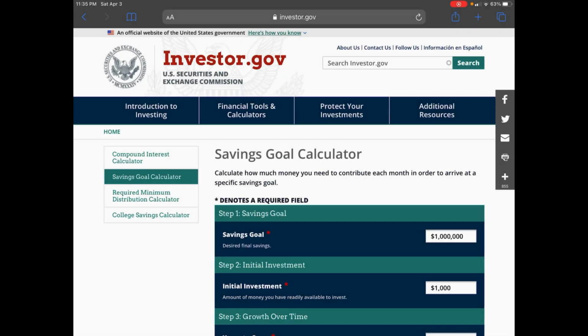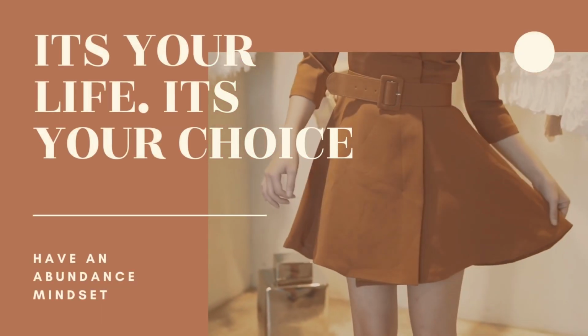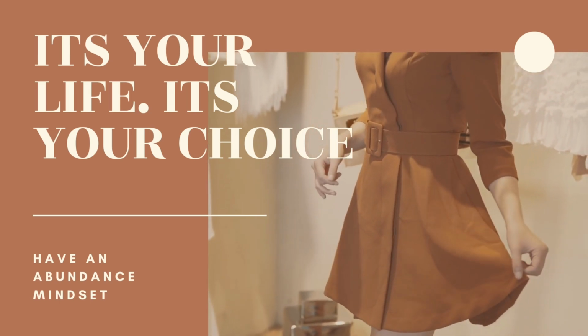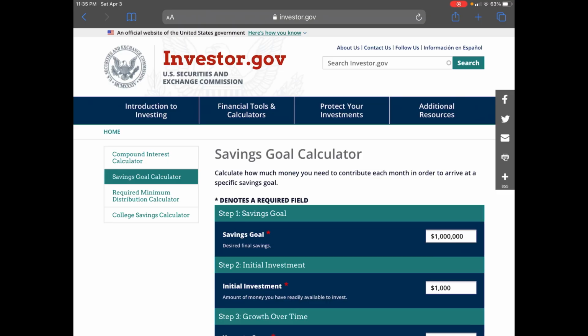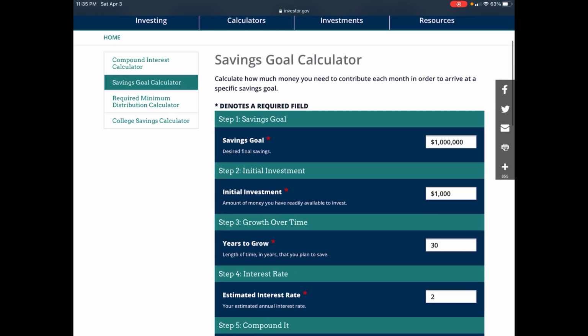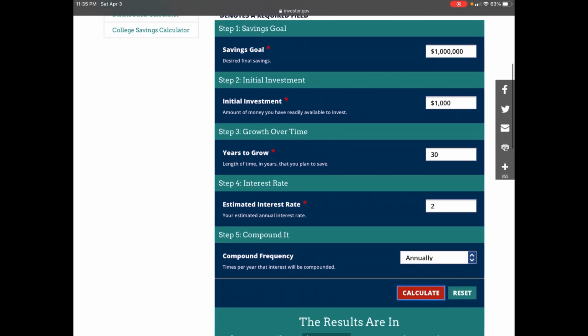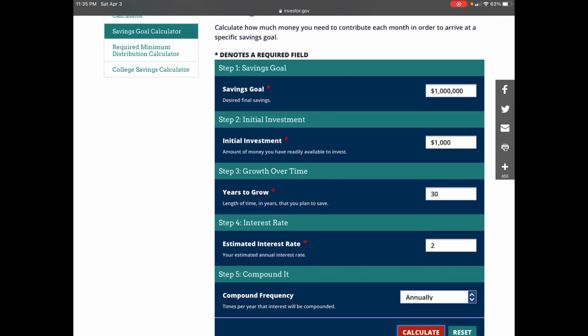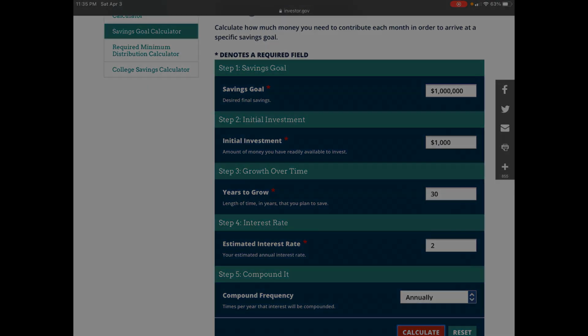So it's your choice, it's your life. You choose which one is best for you and which one you feel you're not scared or you're comfortable doing. Either way, you have the option. If you want a savings account, you have to save almost $2,000 or $2,000 if you want to reach $1 million in 30 years, when you're 30-year-old right now, at 60-year-old.